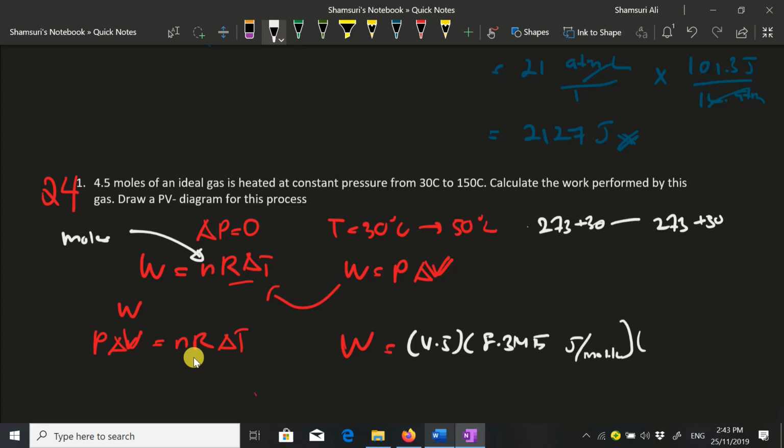So we get about 150. So 150 minus 30, so about 20. So we calculate, then we get 4,490.